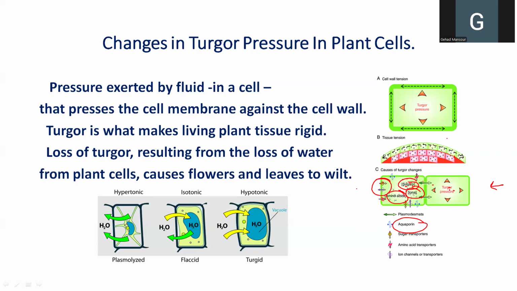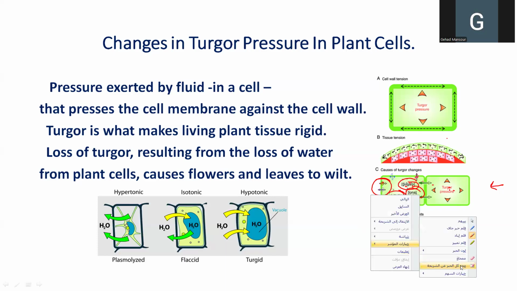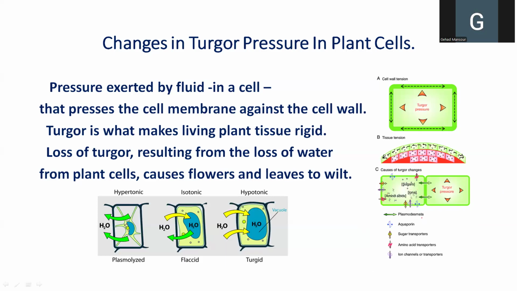And let's see the key of the diagram here, because we might forget to get back to it. We have the plasmodesmata. These arrows represent the plasmodesmata. And we all know that the plasmodesmata are protoplasmic connections through which water can pass.